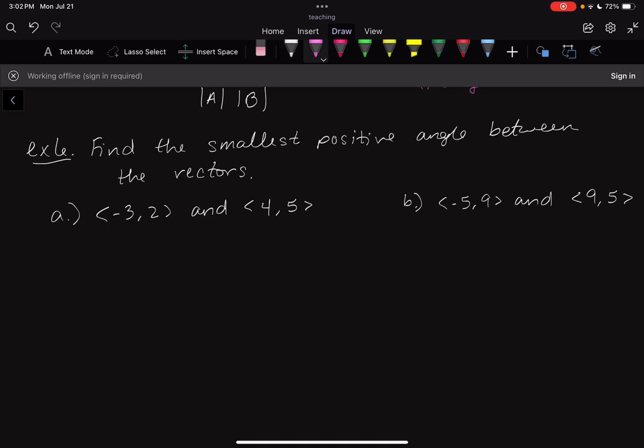So I'm going to use the formula. It says cosine of theta is equal to the dot product of the two divided by the magnitude of the two. I'm going to do mine in pieces. First let me find the dot product.